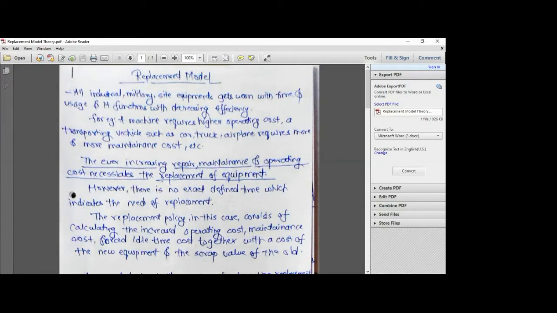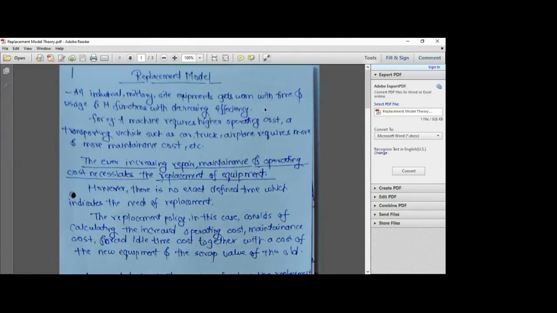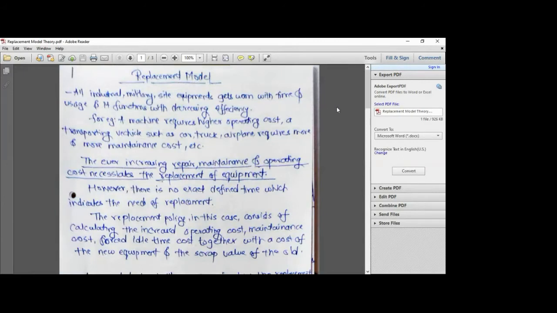And all these equipments are continuously in use in one way or another at different sites, and all of them will get worn with time and use. Ultimately, after a few years, you will notice that the functions are not working properly, or the efficiency of that particular machine is decreasing, right?